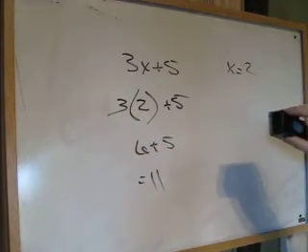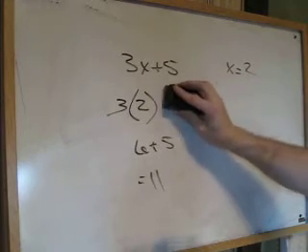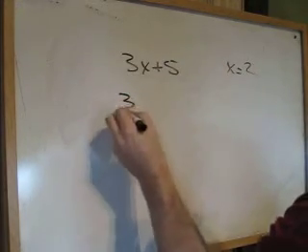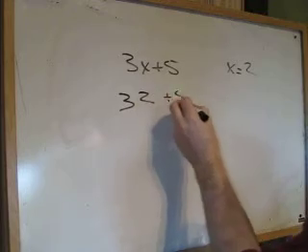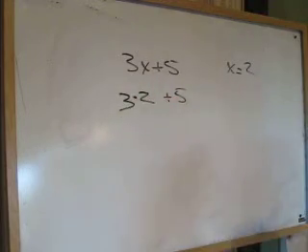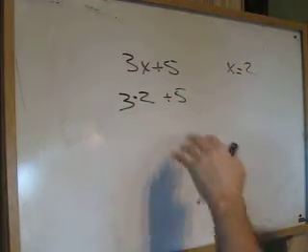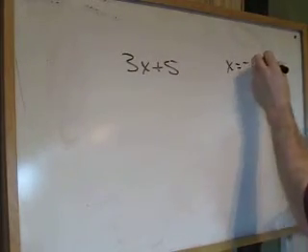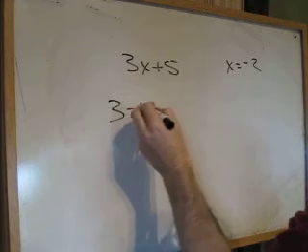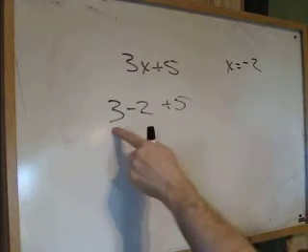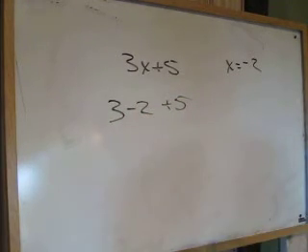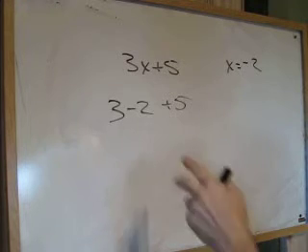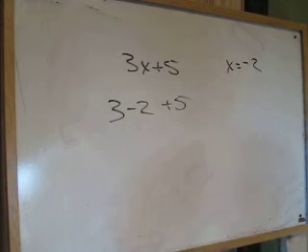Why do I put those in parentheses? Okay, if I don't, then I have 2 plus 5, or I could put 3 times 2, and that works. But what happens is if my x were negative 2, then some people will do this, 3 minus 2, and that will give them 1 plus 5, which is 6, which is not the answer.